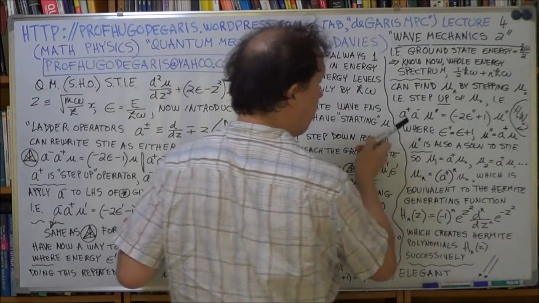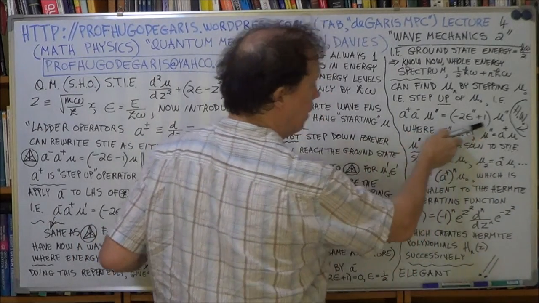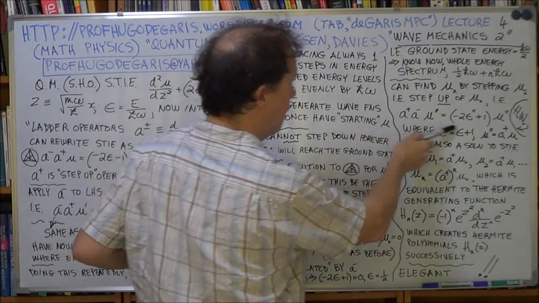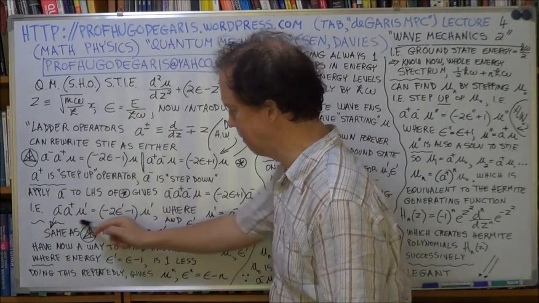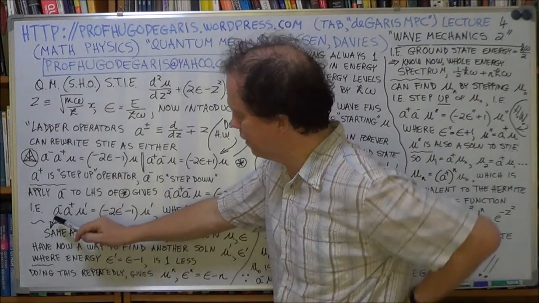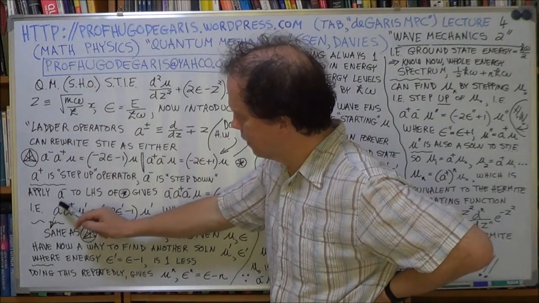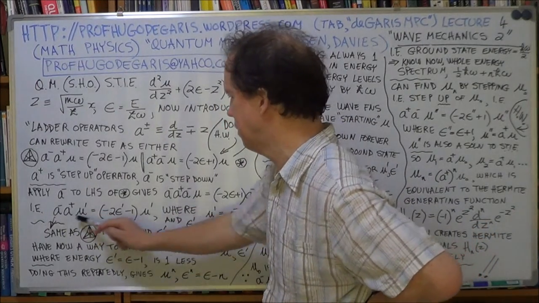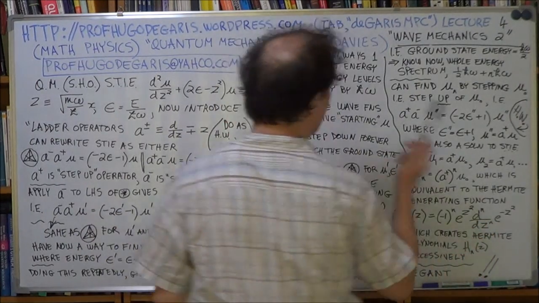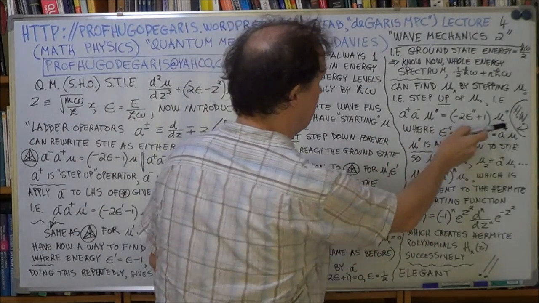Calculate. Get this result, and do it for homework. Get this, which is equivalent to this. So just instead of doing a minus a plus, reverse it. Do a plus a minus, and you'll get something equivalent to this, which is this.